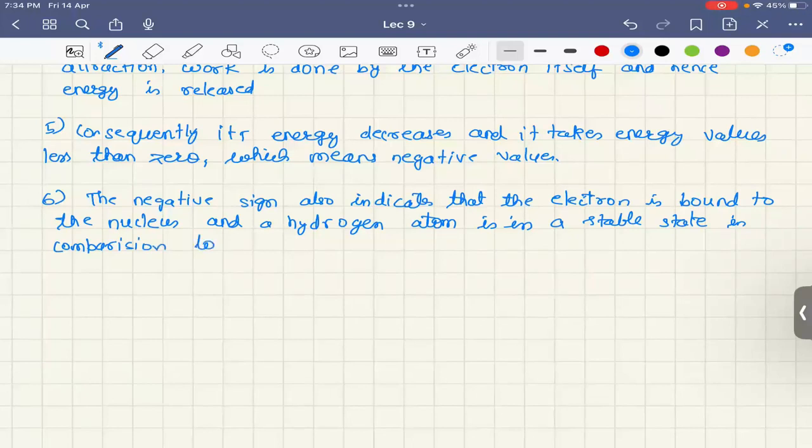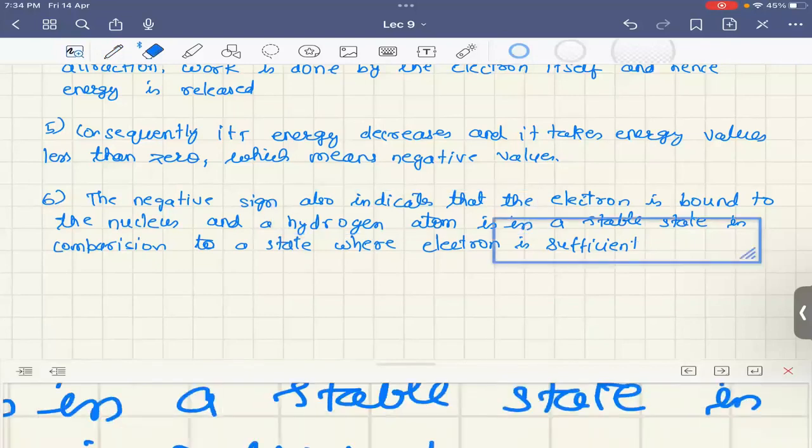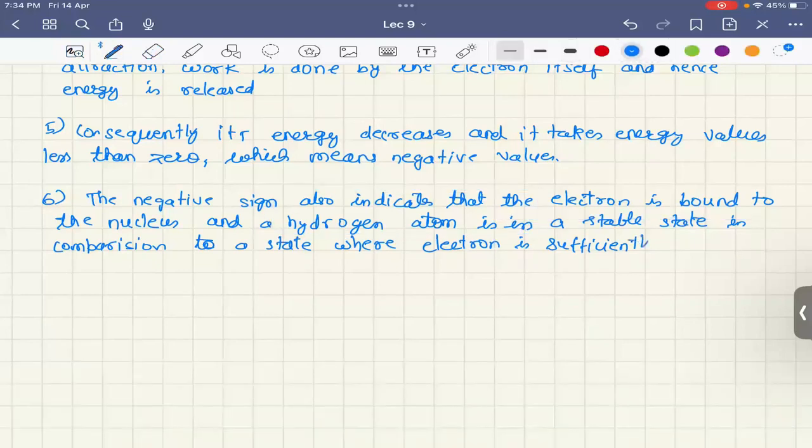to a state where the electron is sufficiently far away from the nucleus, right?